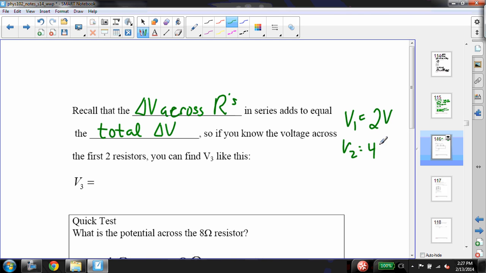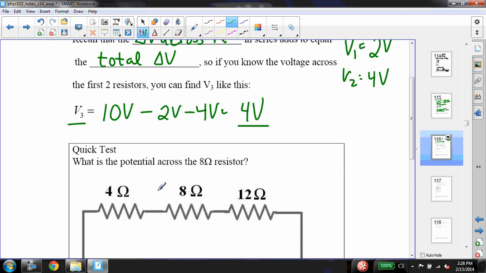V2 is equal to 4 volts. So if we just know 2 of them, then we can find the third. We can say 10 volts minus 2 minus 4 equals 4 volts. And then that would give us V3, which would be 4 volts. We did this with capacitors as well. And mathematically, anyway, at least it holds the same.